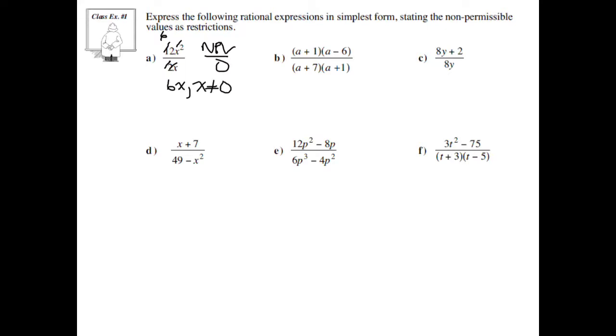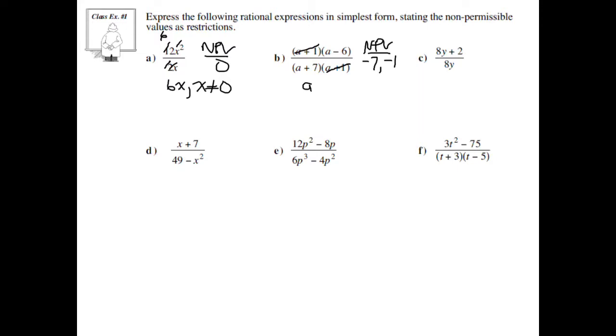Looking at b, the denominator, again, is in fully factored form. And to state my non-permissible values, I've got a cannot be -7 and a cannot be -1. Now that I've stated my non-permissible values, I can simplify by dividing out common factors, and in this case, the a plus 1 is a common factor.